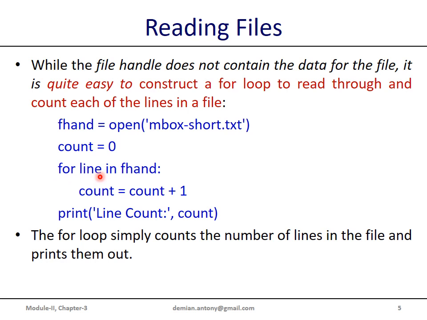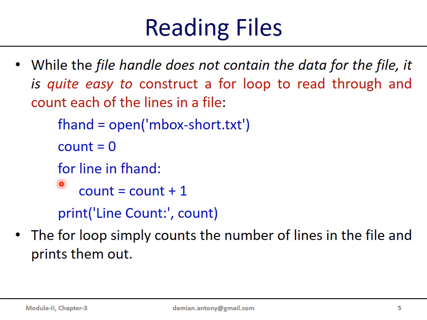For each line read from the file, we increment the line counter, and then finally we print the line counter after termination of the for loop. That means we have reached the end of the file.